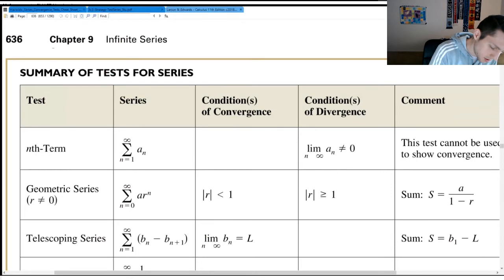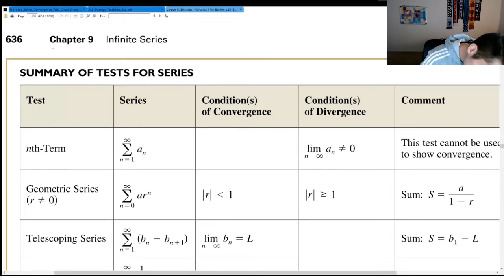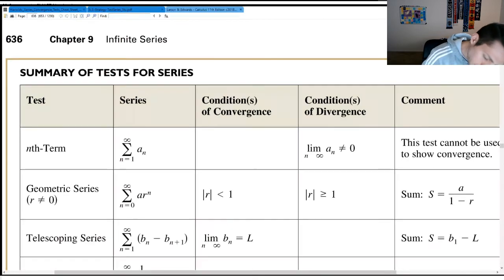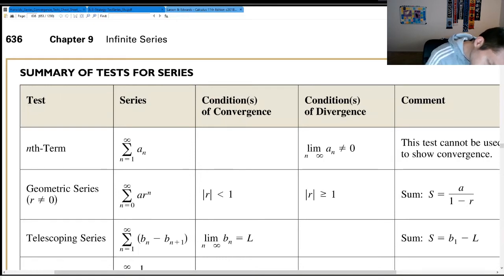So, geometric. 10.5, harmonic and P series. 10.7, alternating series.